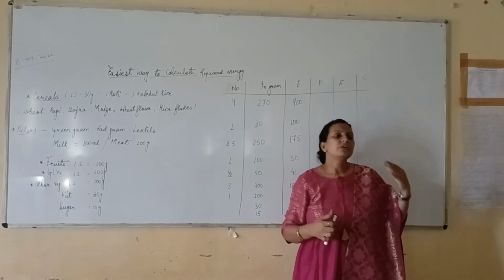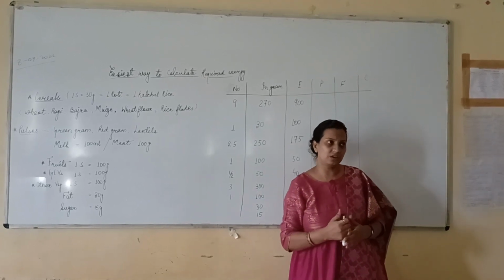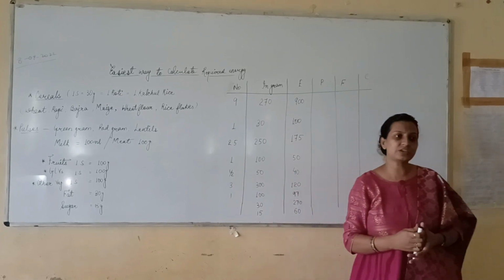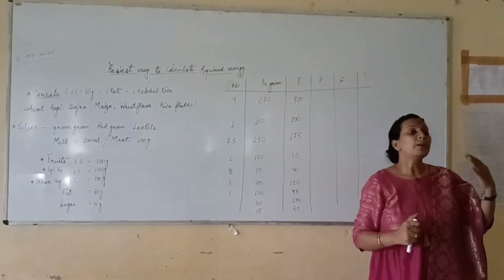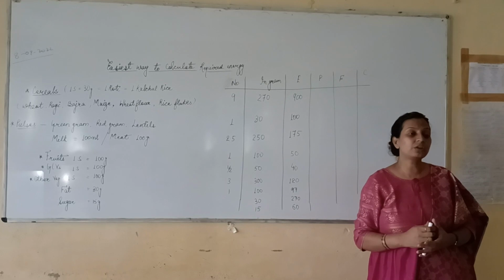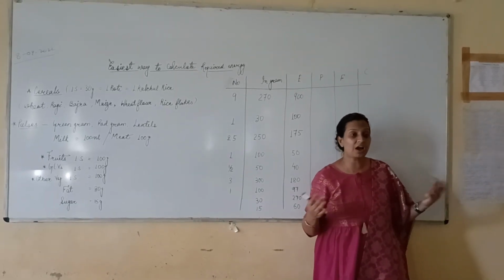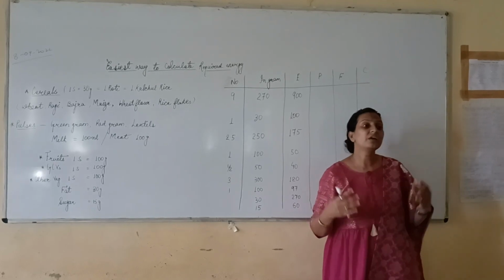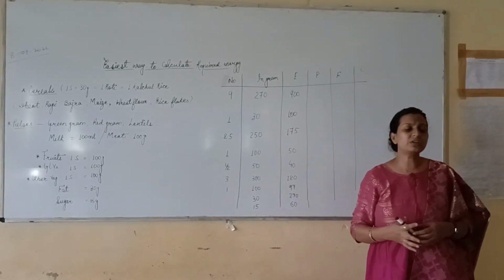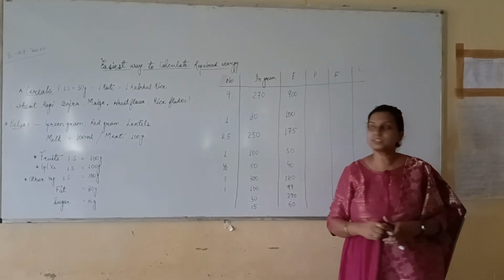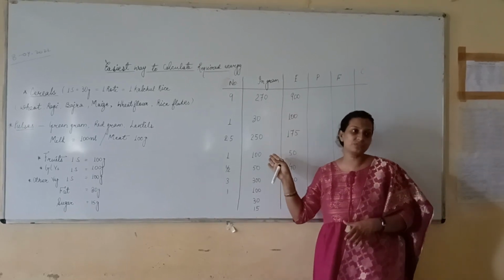Now, for whomever you are making the diet chart, you have to ask what the person's 24-hour dietary requirement is, because you don't know whether the person is a heavy worker, sedentary worker or moderate worker. So you have to ask. This is a simple one for sedentary.